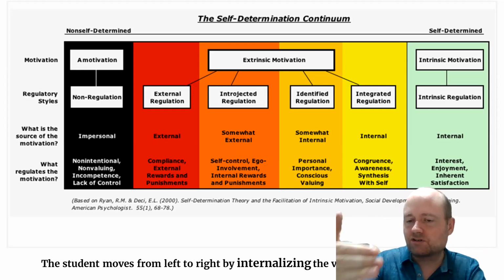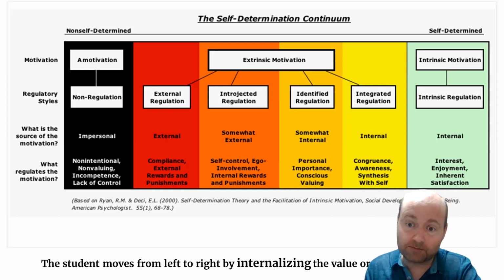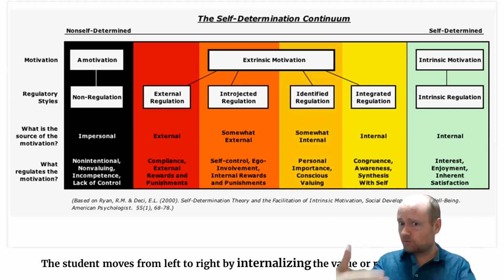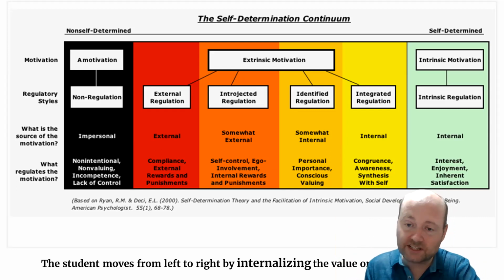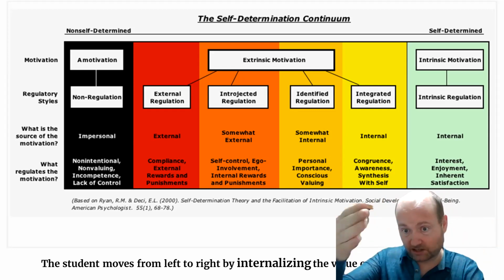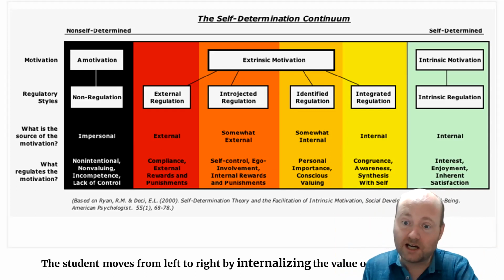But if I stop at the crossing simply because I don't want to break the law, then this is external regulation. If I stop there willingly because I understand that the other person's safety is the important thing, then I'm moving along this continuum towards intrinsically motivated behavior. Why?